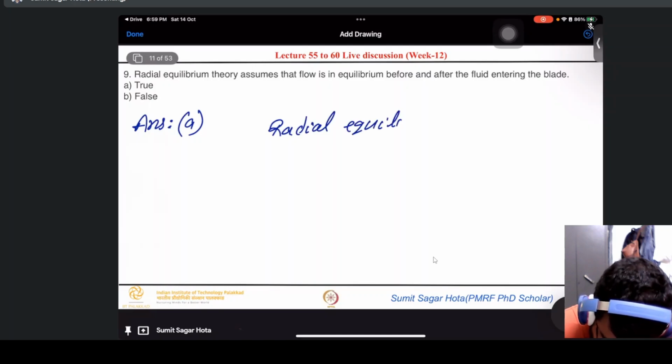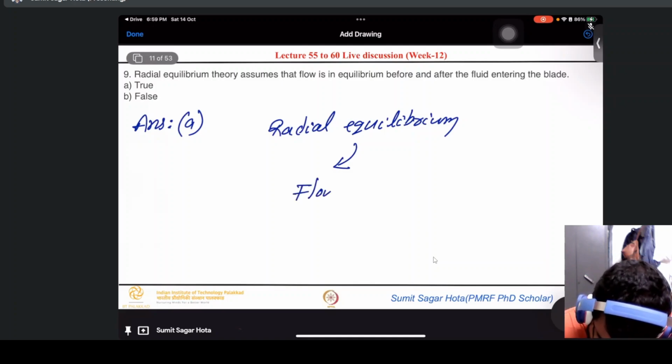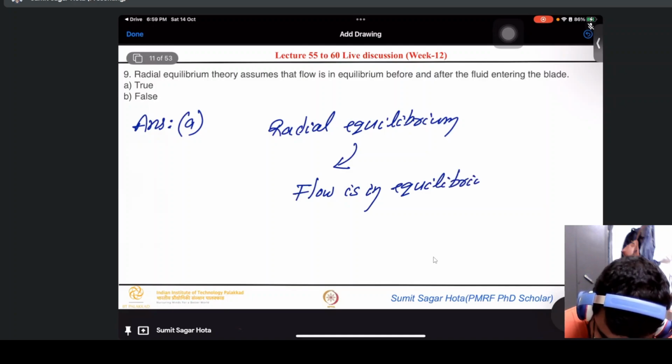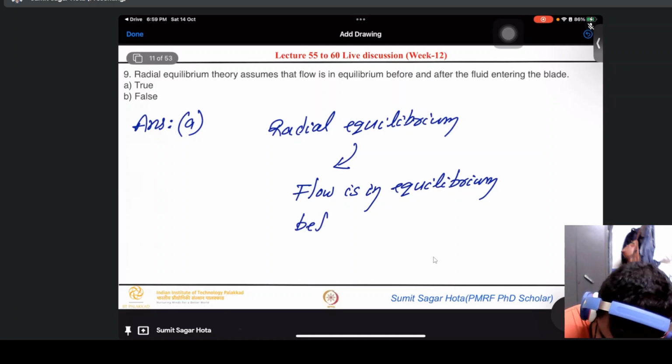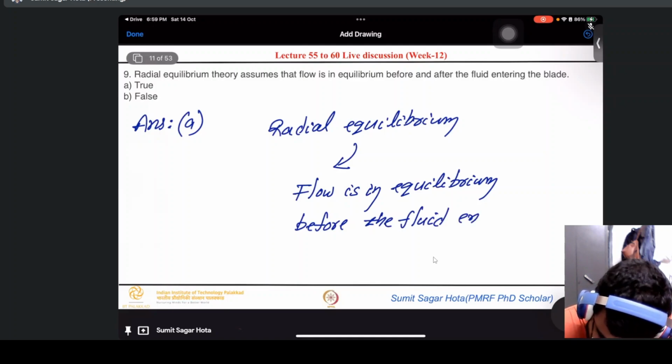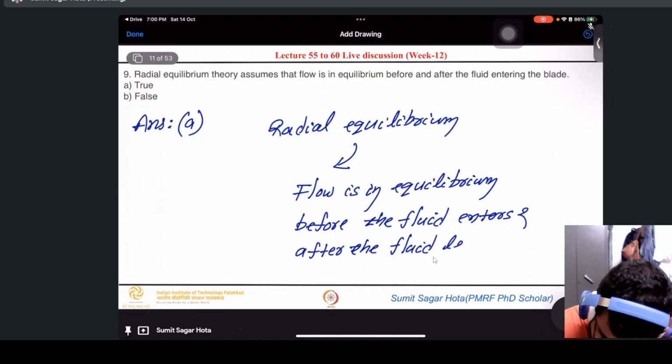Radial equilibrium: the flow is in equilibrium before the fluid enters and after the fluid leaves the blade.